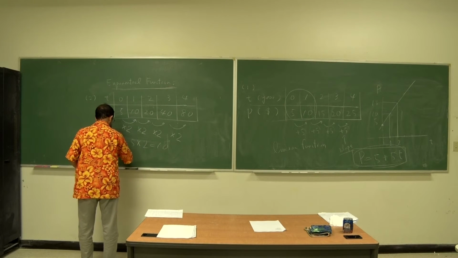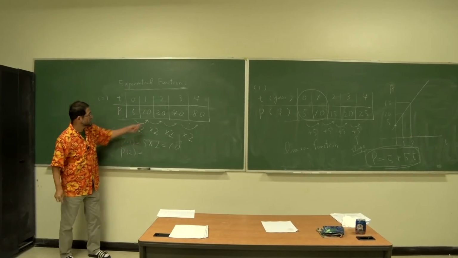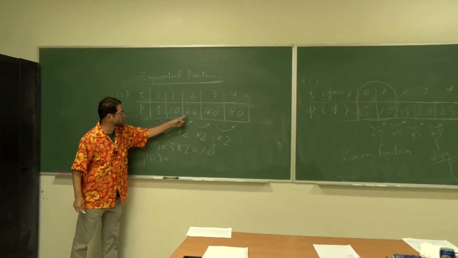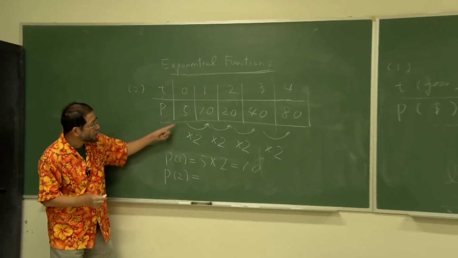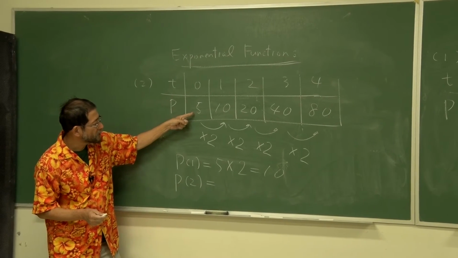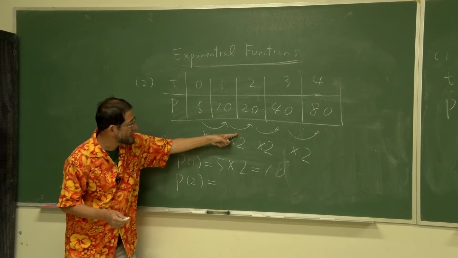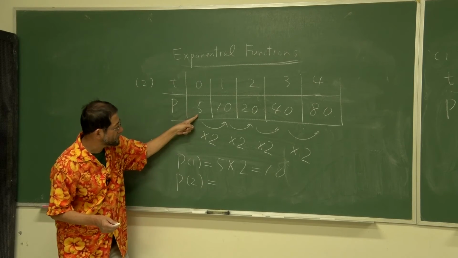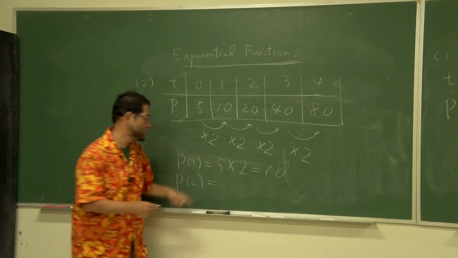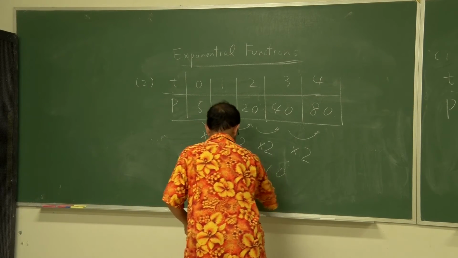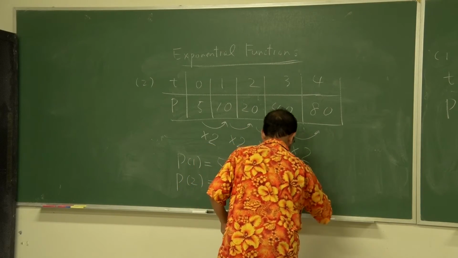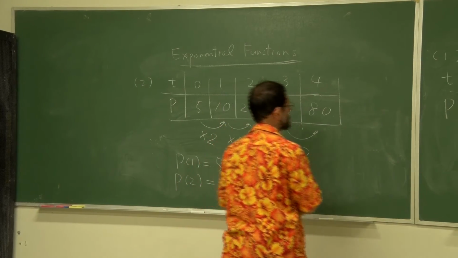How about P2? That's 20, you get by 10 times 2. But starting from the initial value 5, you see that 20 is obtained by 5 times 2 times 2.